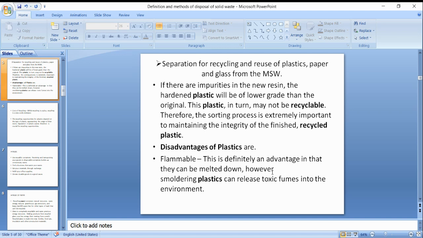So if we make the plastic burn, they can be melted, but at the same time they will release toxic fumes. So that was the main disadvantage of plastic. So we cannot always produce new resins.